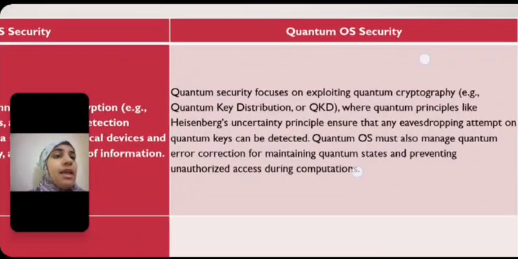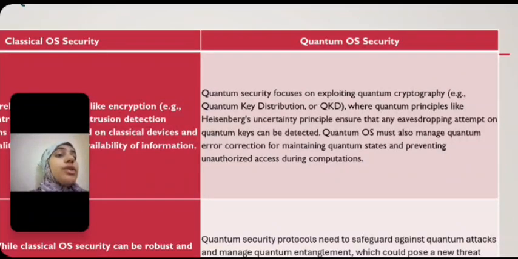But in quantum, security focuses on exploring quantum cryptography, and this is one of the best features that quantum gives to us. For example, quantum key distribution, or QKD.